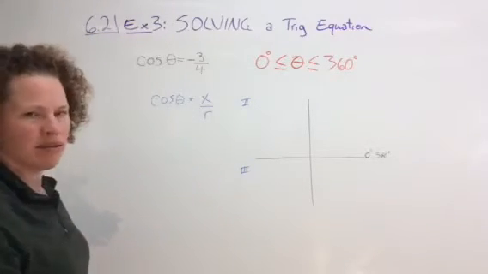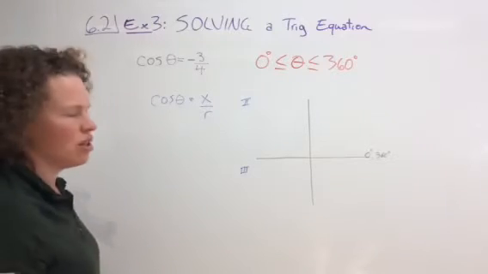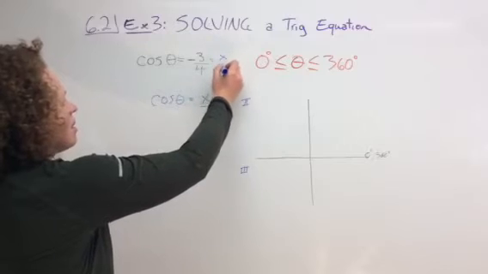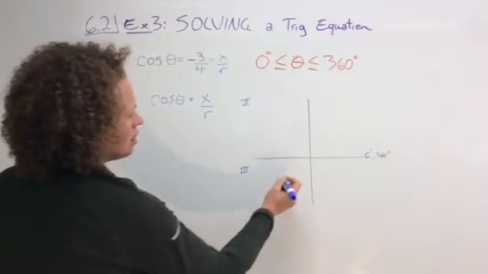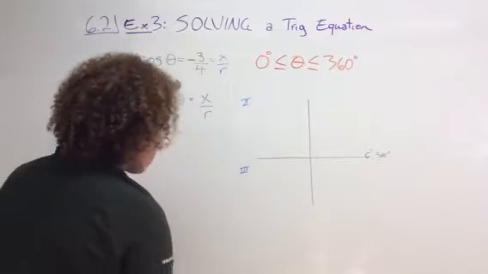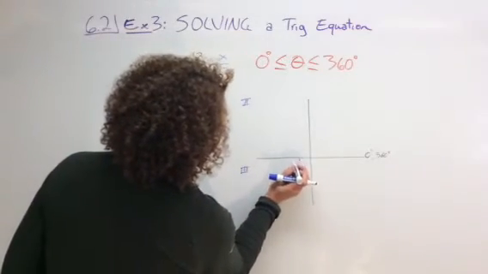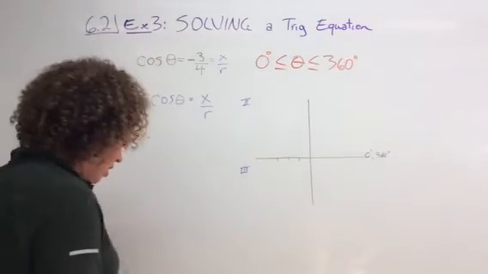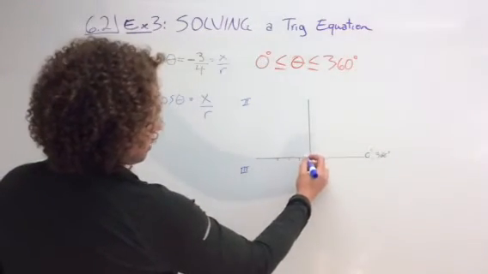Now, we don't know what the reference angle is, so we can just roughly sketch it in and go, this is x, that's r. One, two, three. And it doesn't really matter what the y part is for now.